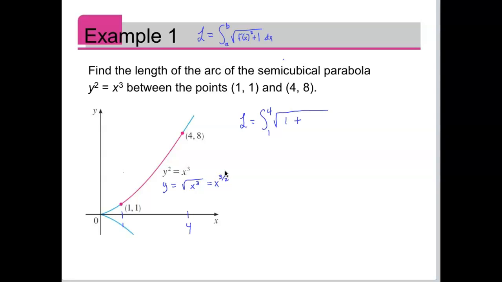So if y is x to the 3 halves, f prime is going to be 3 halves x to the 1 half, right? And then we want to square that. So f prime of x squared is 9/4 x. Does that make sense? All right, so it's going to be the integral of root 1 plus 9/4 x dx.